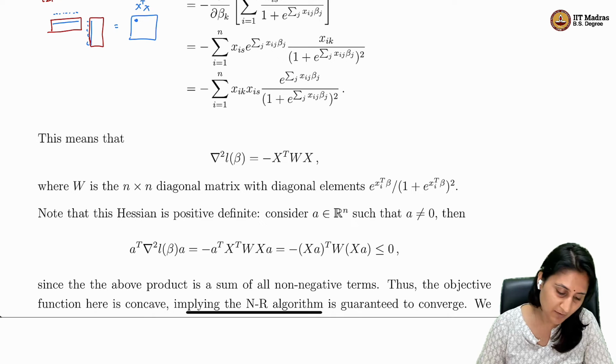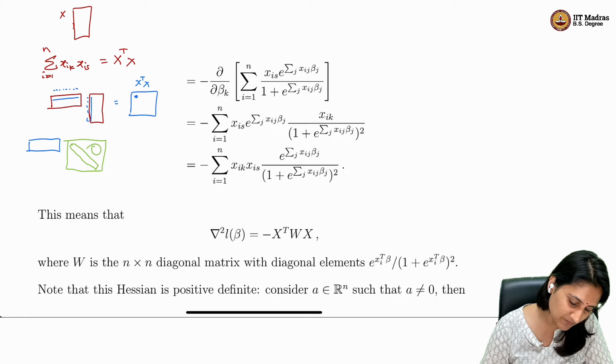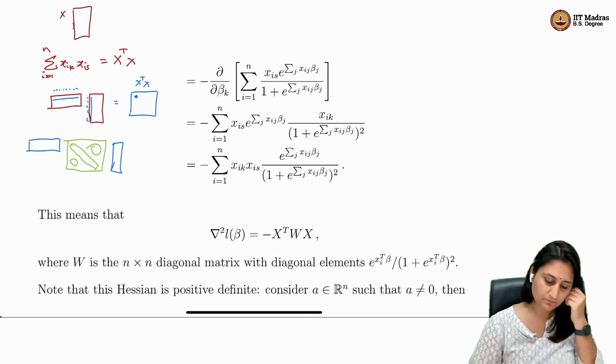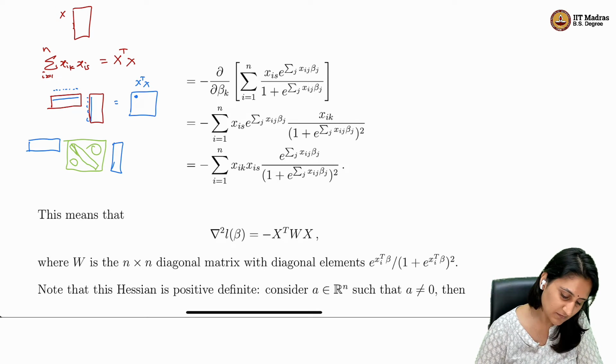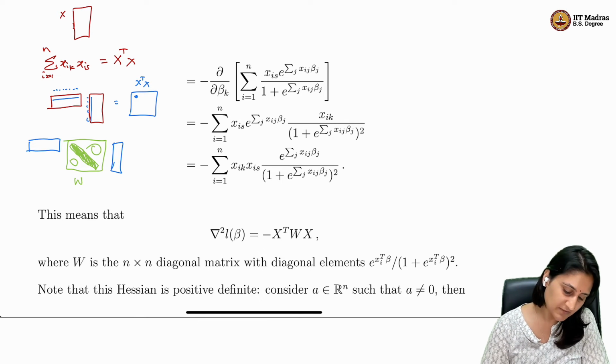So what you end up having is this matrix times this W matrix, which is just a diagonal matrix with zeros elsewhere, along with this X matrix. Okay, and this is a diagonal matrix, like I was saying. Right? So this becomes your W matrix, and this is your X transpose, and this is your X. And this turns out to be your Hessian nabla squared L of beta.